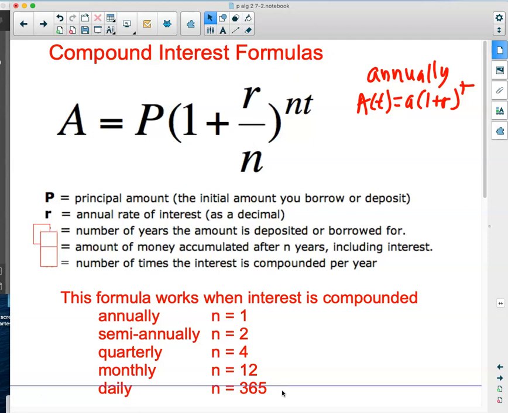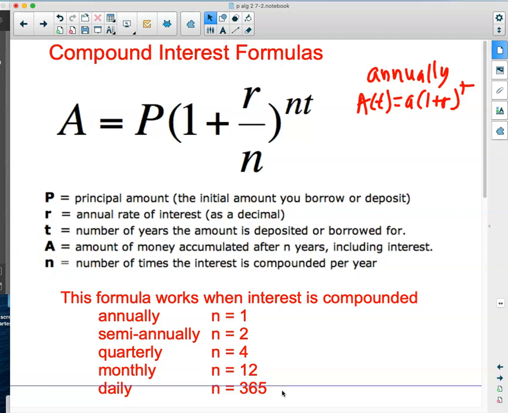Then we have the number of years, which is a little t. Capital A, how much money are you going to get? How much will be in that savings account? Or on the flip side, the banker is saying, you owe me this much for your loan.